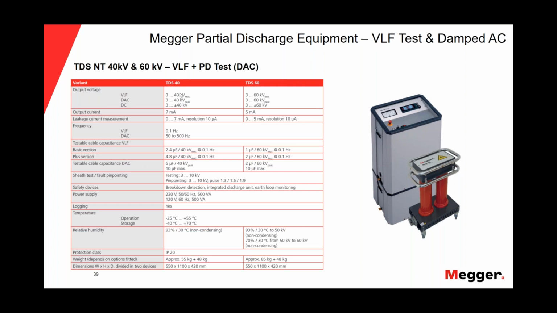The basic version, for instance for the TDS-40, will have 2.4 microfarads, and the plus version will have 4.8 microfarads. In the case of the TDS-60, the basic version will have 1 microfarad, and the plus version will have 2 microfarads, which means that if we have more test capacitance, it will allow us to test longer cables.